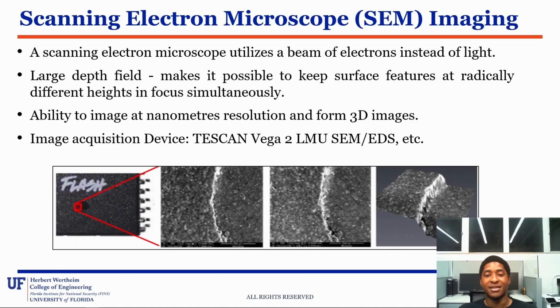You will find that SEMs are very handy in hardware reverse engineering and have made giant strides in allowing us to really analyze and replicate some of the devices based on our various needs. Now that we know a bit about SEM imaging and we have examples, let's move on to how SEM imaging works.